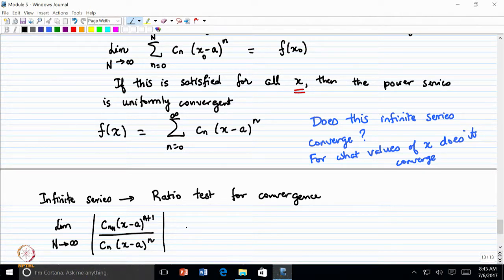If you take this limit, you will get the limit as n tends to infinity of C n plus 1 divided by C n times (x minus a).